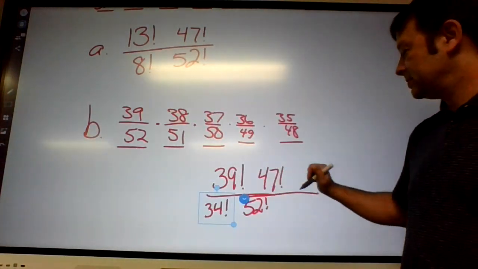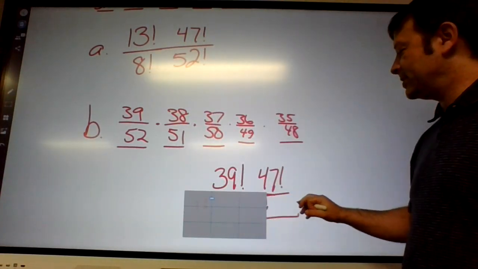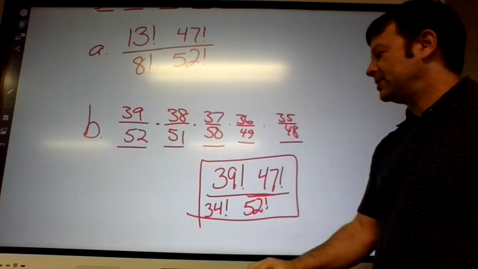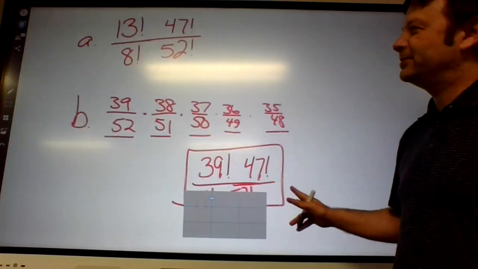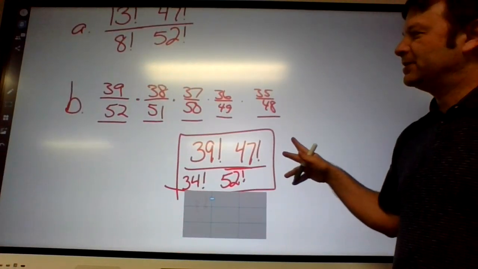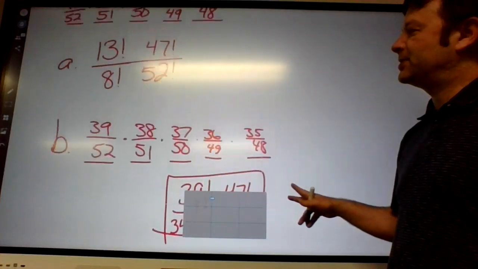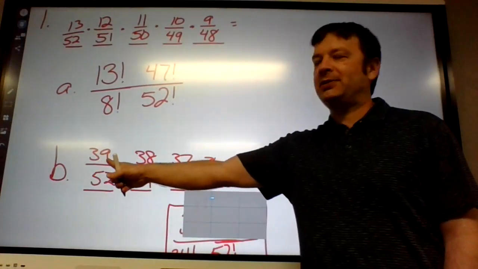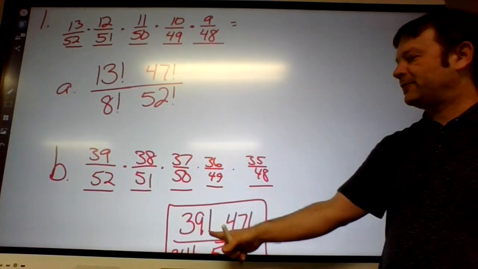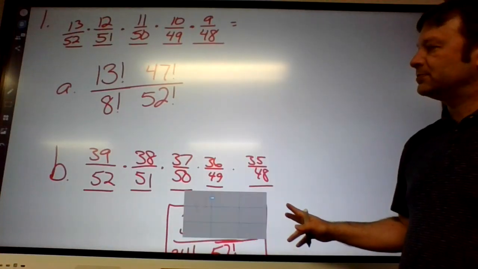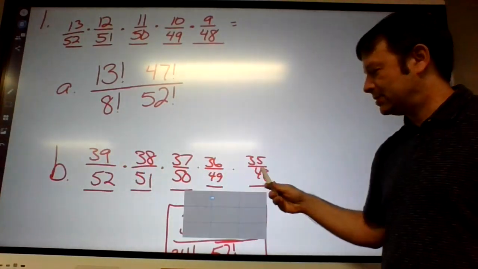The reason I'm doing this form is because they didn't write the answer in the other form. Is this going to be on the test? This will be on the test, yes, but not the factorial version. But doing this, yes.